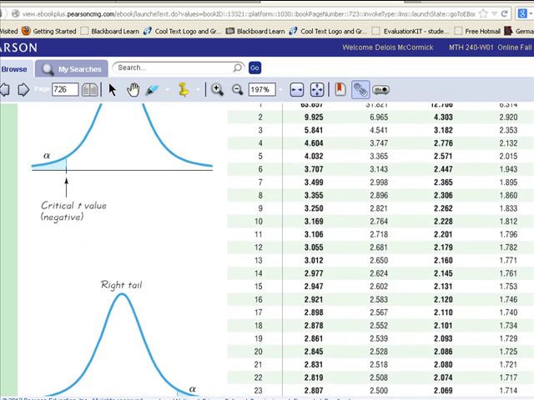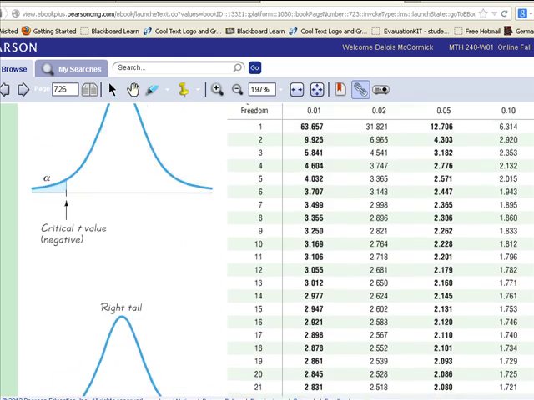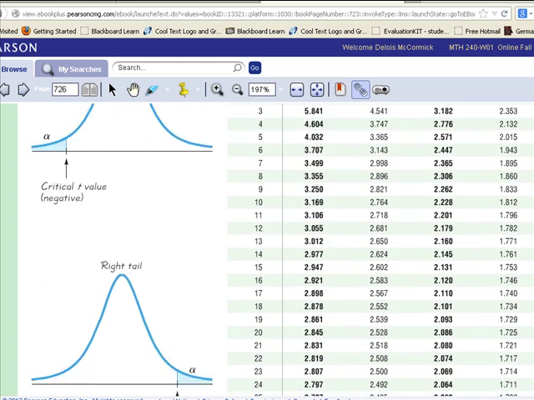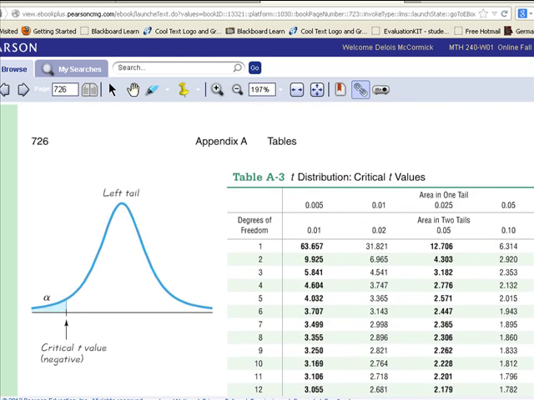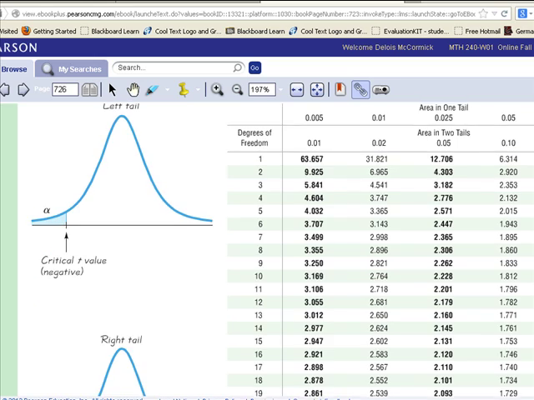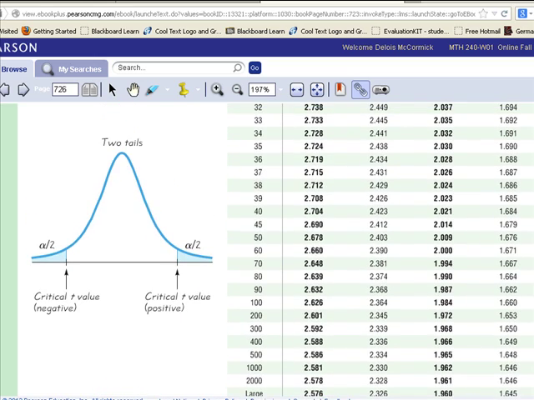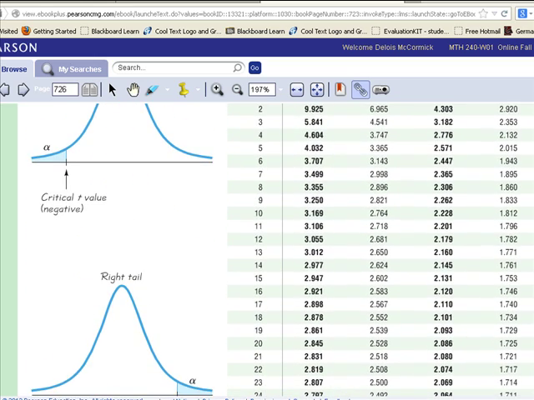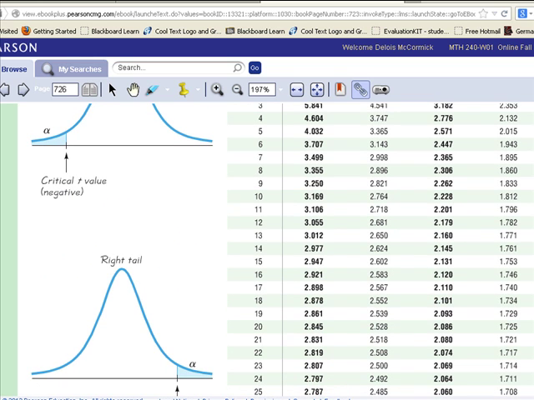Okay, 10% is the next to the last column, and we want 19. It's like the pen is controlling it. Okay, so I'm looking at 19 in the next to last column, 1.729.